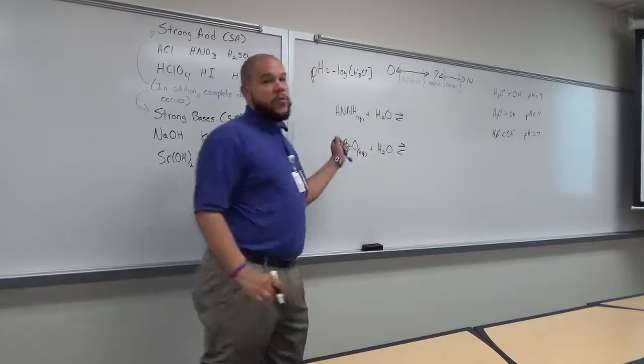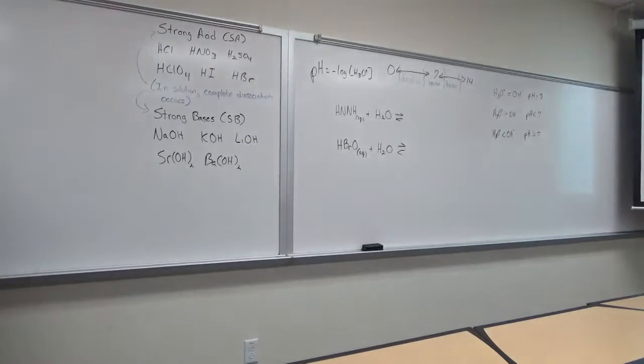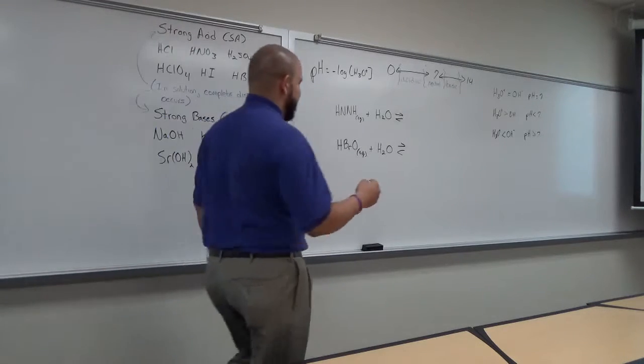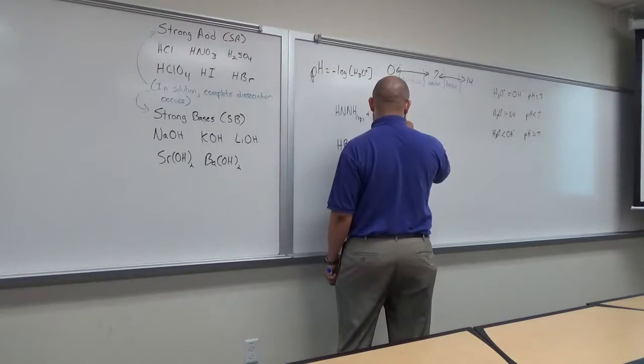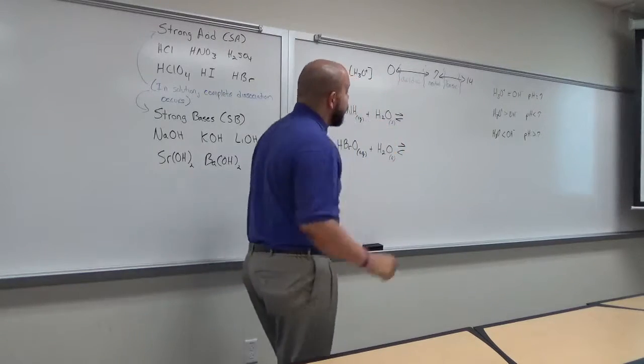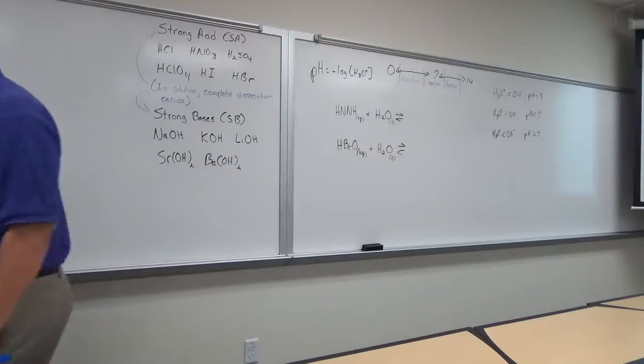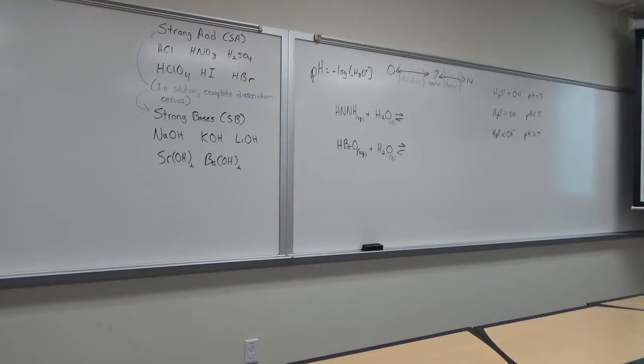So you should be able to predict both of these products correctly, label them all as acid, base, conjugate acid, or conjugate base, write the equilibrium expression, because we already learned that, and determine whether the solution after dissolution is going to be acidic, basic, or neutral.